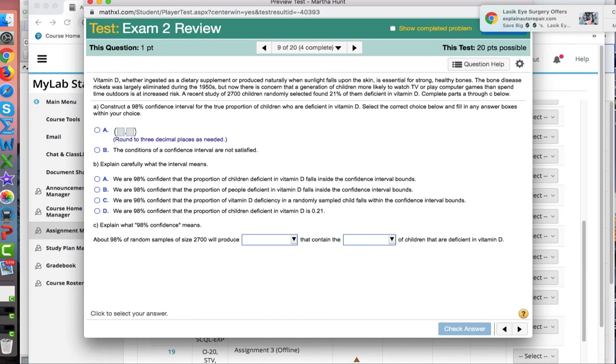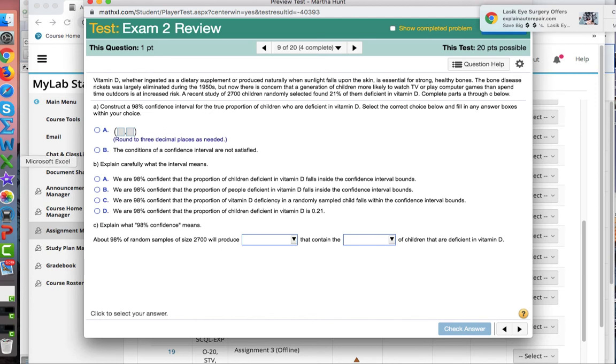So we looked at a sample of 2,700 children, and 21% of them are vitamin deficient. And we want a 98% confidence interval. They want it in decimal form, rounded to 3 places.